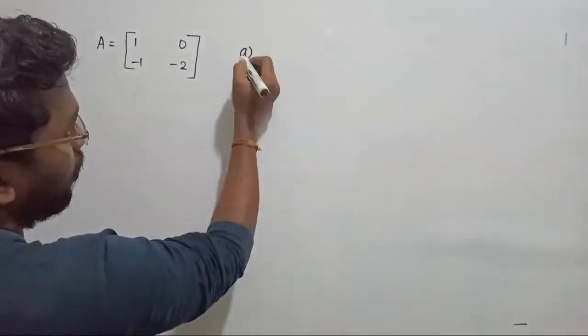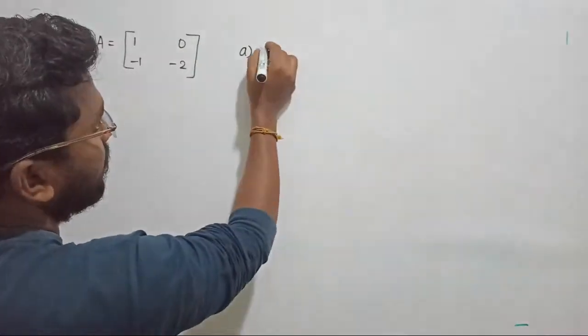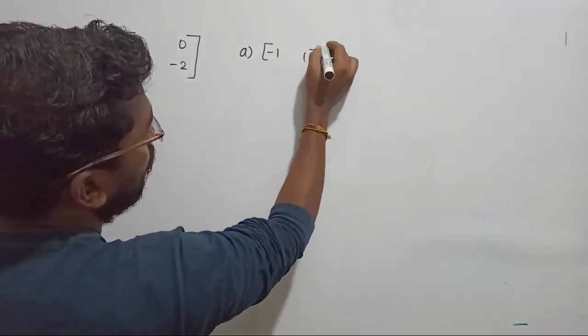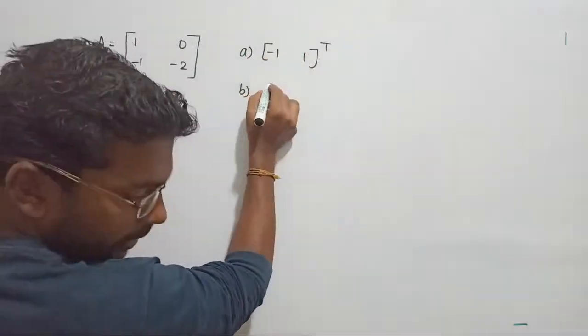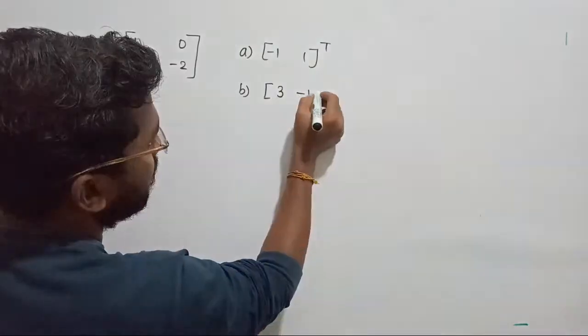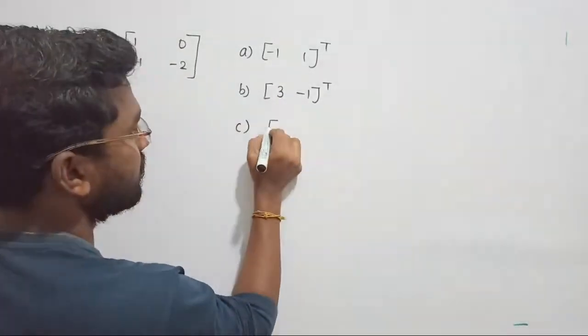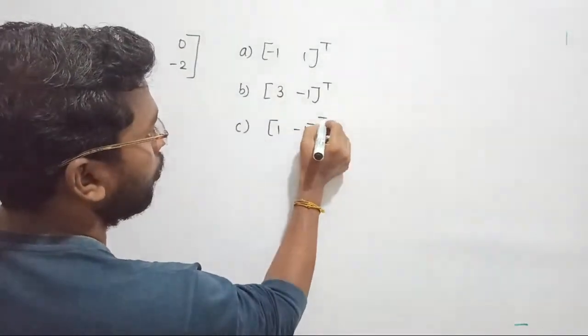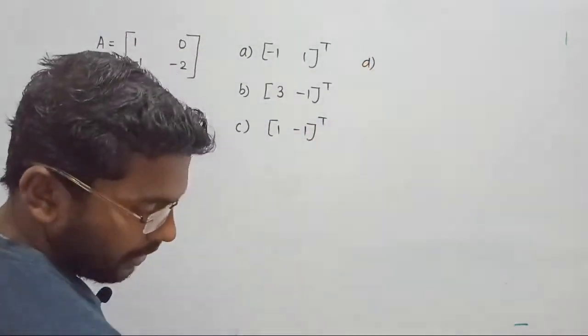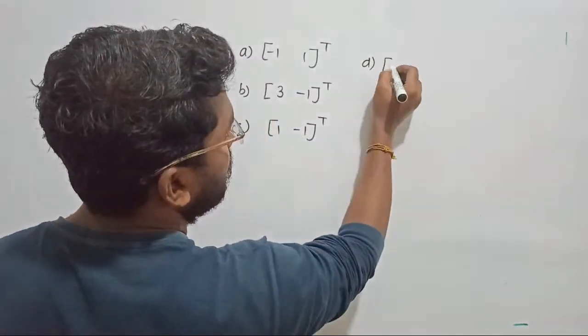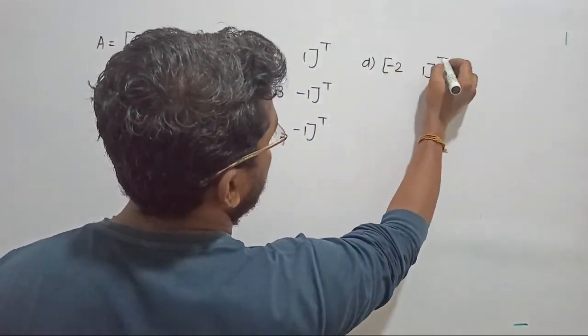They have given 4 options. Option A is (-1, 1) whole transpose. Option B is (3, -1) whole transpose. Option C is (1, -1) whole transpose. Option D is (-2, 1) whole transpose.